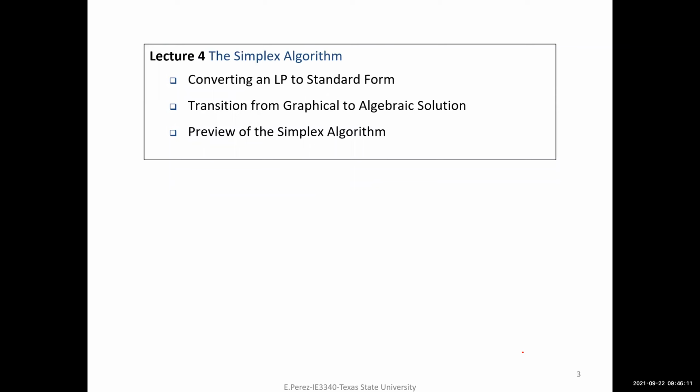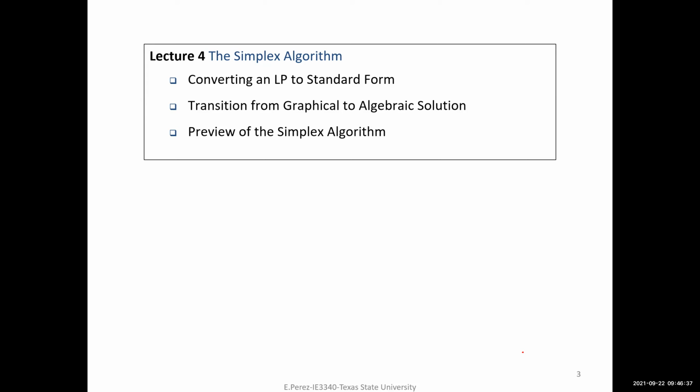And then lecture 4 was in terms of the simplex algorithm. So we started the discussion of the algorithm, basically setting up the formulation in a way that we can apply the method. And also we talk about how the method works. How is the search being performed for obtaining the optimal solution for our problem.